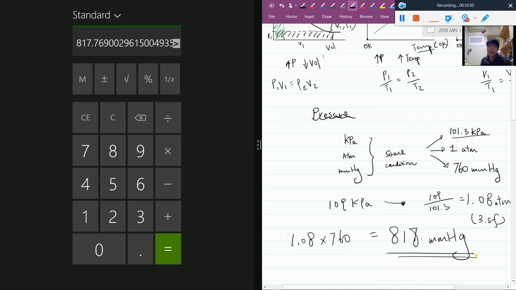Right? So if you need to, say, convert kilopascal into millimeters of mercury, then you need to convert kilopascal into 1 atm first, and then multiply by that. That would be much easier than getting lots of different formulas together.